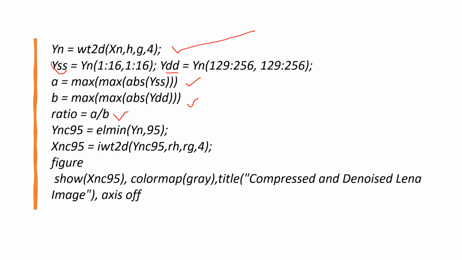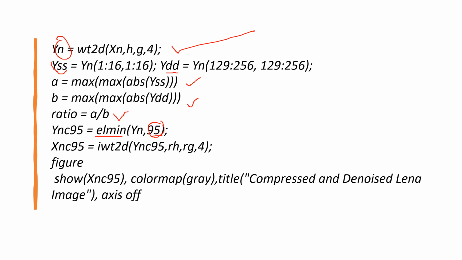If the ratio is high, according to these calculations, what we got is about 95% of the entries we can make as 0. So that's what we are going to do. By eliminating 95% of the pixels, that is 95% of the entries, so 95% of the entries of the image yn, we are making them zeros.